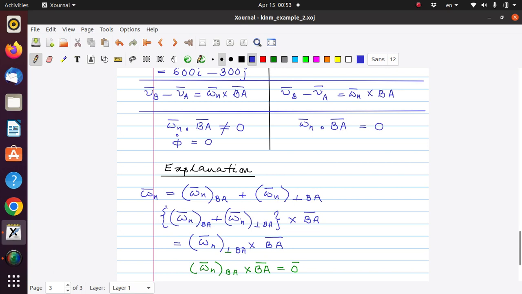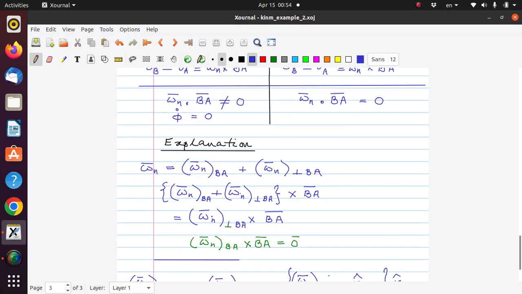So if you take omega n along BA cross BA, it will be 0, because BA and omega n along BA are in the same direction, so the cross product would be 0.